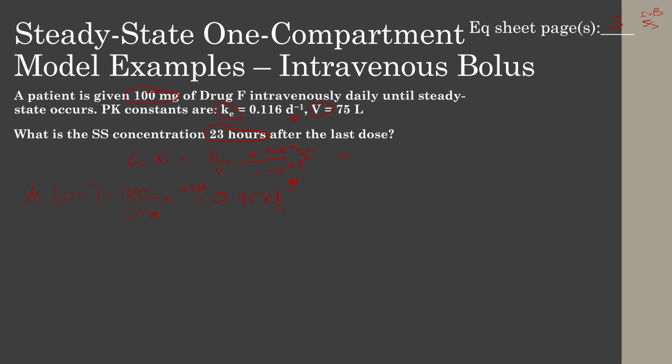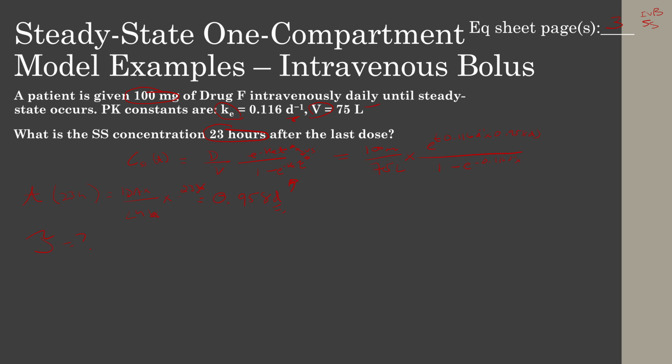Now if we do all this math out, 100 milligrams over 75 liters, times, and this is where it gets a little bit messy, e to the minus 0.116 days to the negative 1 times what we just computed, 0.958 days. So they cancel out. That's why we had to convert them. Over 1 minus e to the negative 0.116 days to the negative 1 times tau.